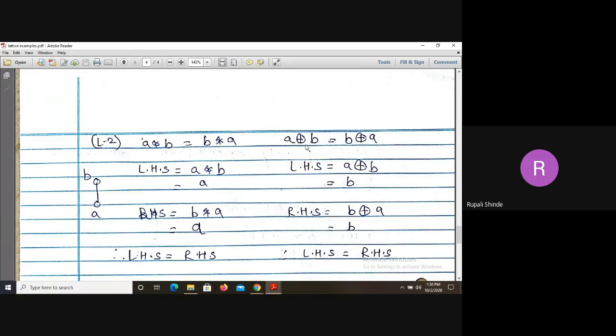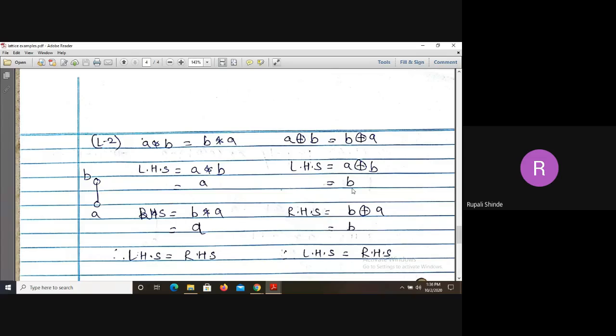Now consider for join operation, A XOR B is equals to B XOR A. So let us consider LHS first, and that LHS is given as A XOR B. What is the least upper bound for these two elements A and B?